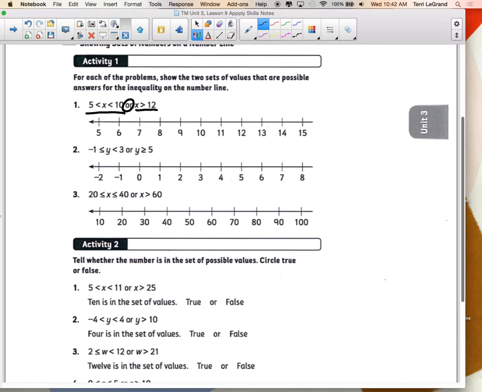So let's look at this first one right here. We have 5 is less than x, and x is less than 10. And AND means it has to satisfy both conditions. It has to be less than 10, and it has to be greater than 5. So we're going to put a circle at 5, circle at 10. Do we shade those in? Are they part of this inequality?